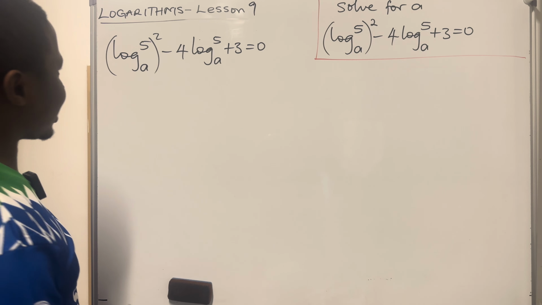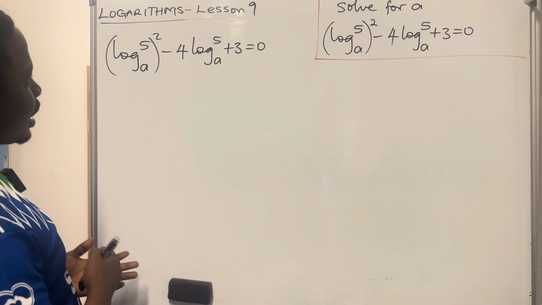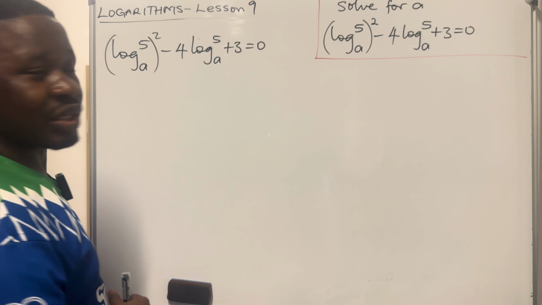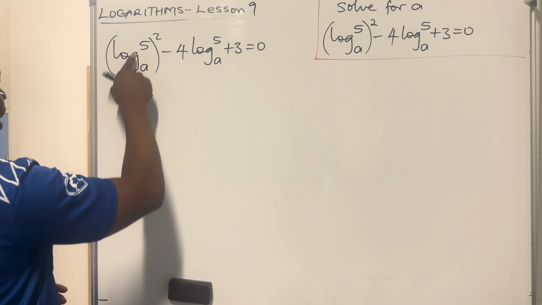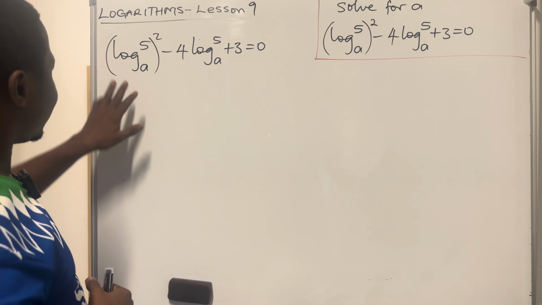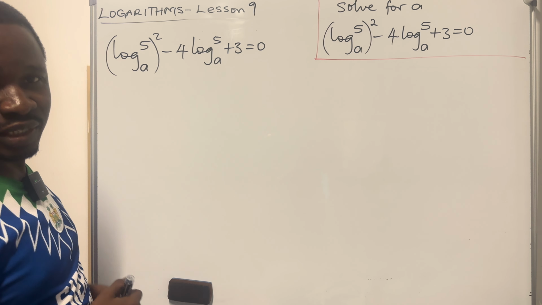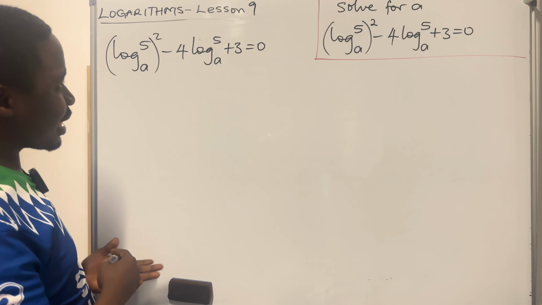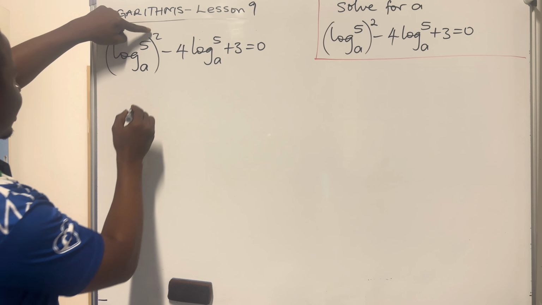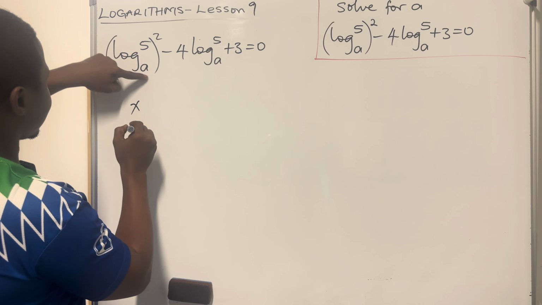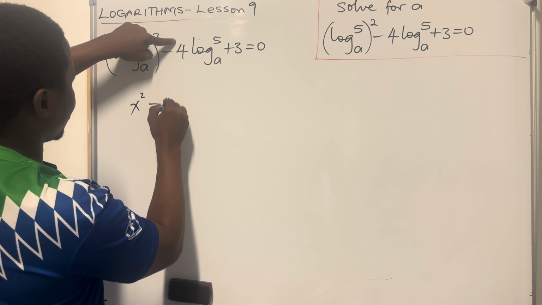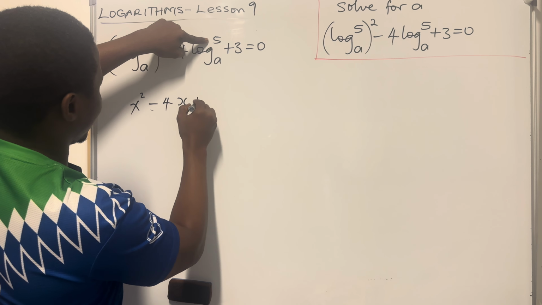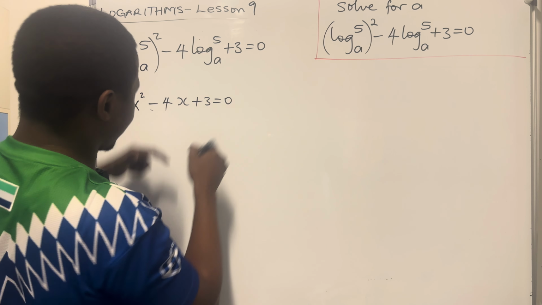If you observe the equation, you find that we have log 5 base a, and log 5 base a again, only that one of them is squared. So it's like the expression x squared minus 4x plus 3 equal to 0.